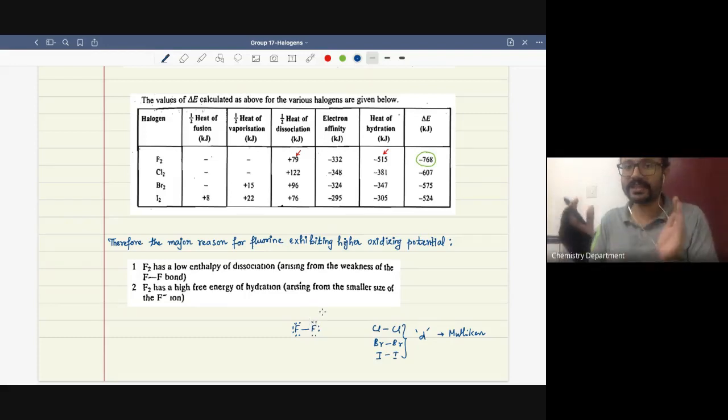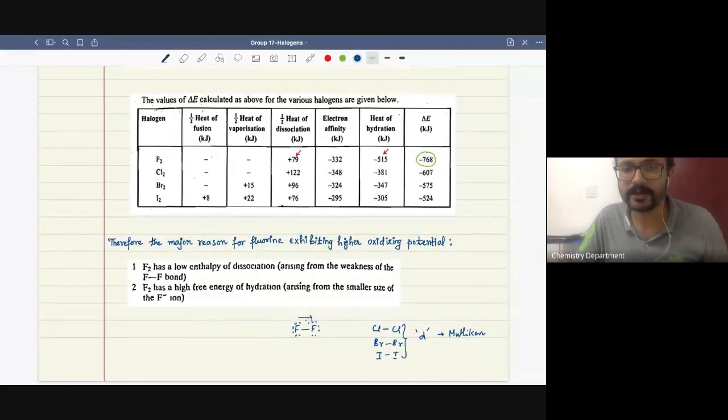So when these lone pairs come closer, there is a greater electronic repulsion between the lone pairs, and that will weaken the F-F bond, and therefore these bonds are susceptible to breaking.